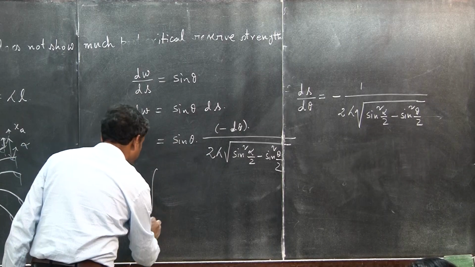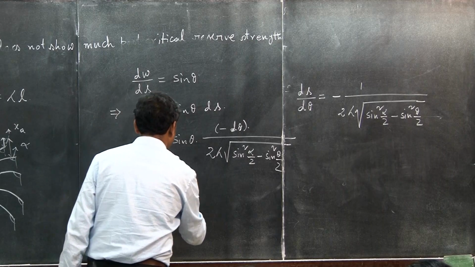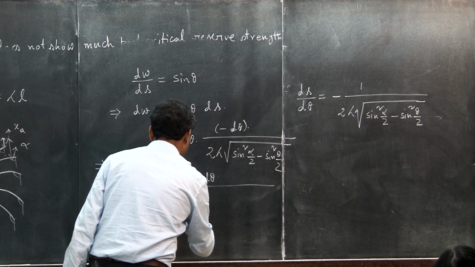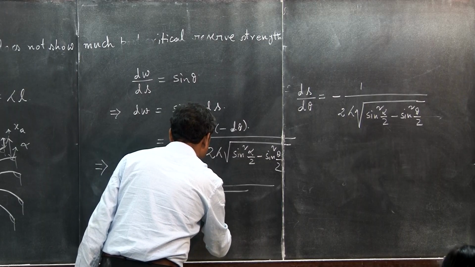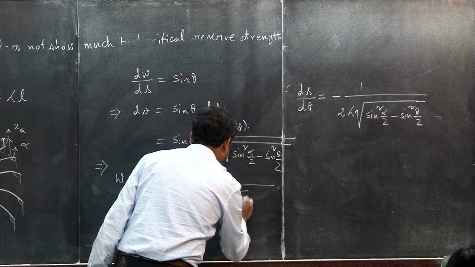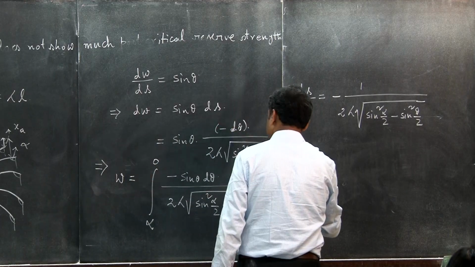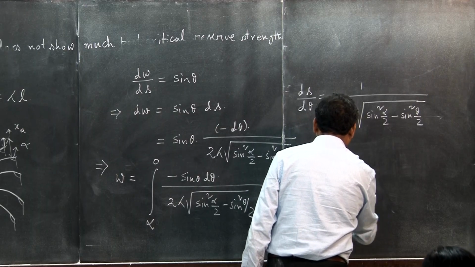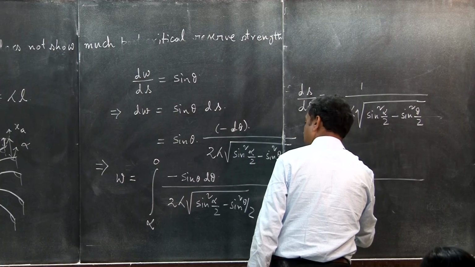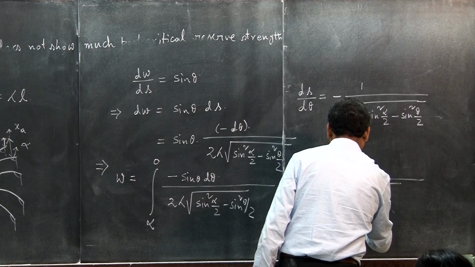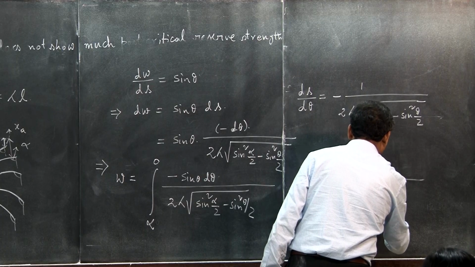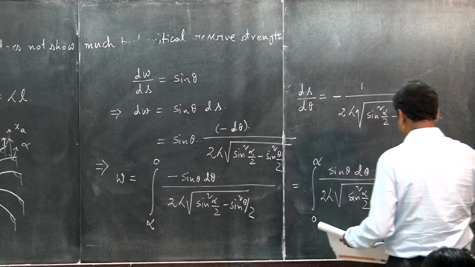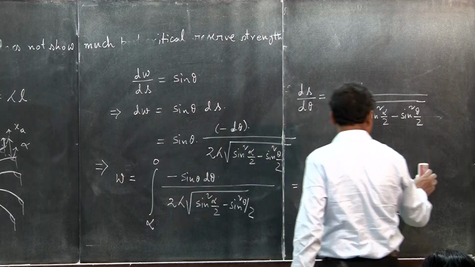Alpha to 0, minus sin theta d theta divided by 2 lambda root sin square alpha by 2 minus sin square theta by 2, and here you just write 0 to alpha sin theta d theta to lambda root sin square alpha by 2 minus sin square theta by 2, and you will see that if you simplify it, ultimately it will lead to a very simple expression.